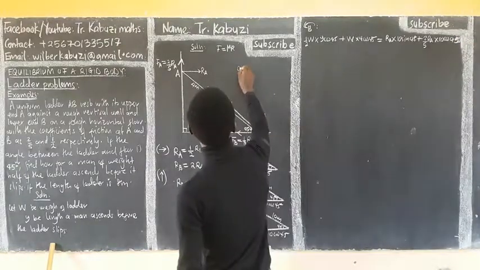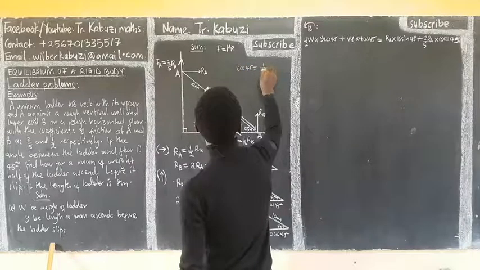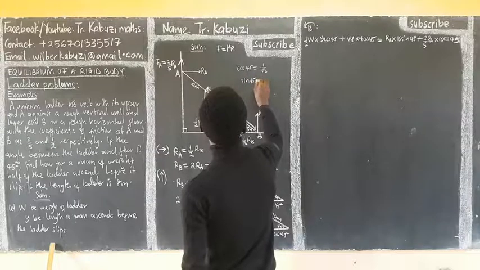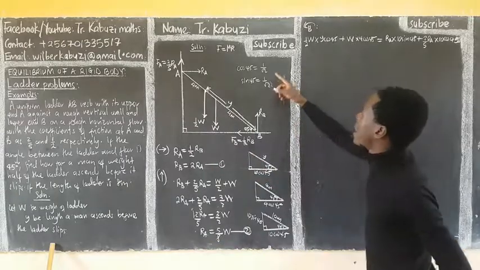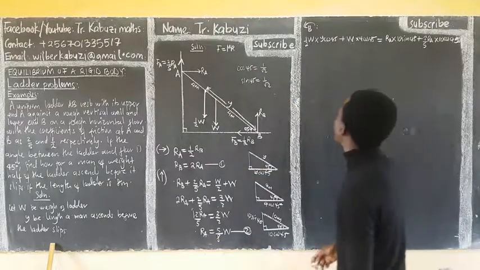So the easiest way is that cos 45 is going to be 1 over root 2. Even sine 45 is going to be 1 over root 2. Or you can see, because they are the same, you can divide it through, or we simplify.